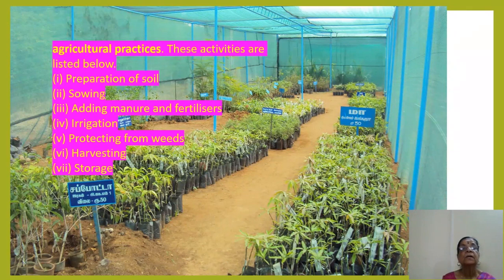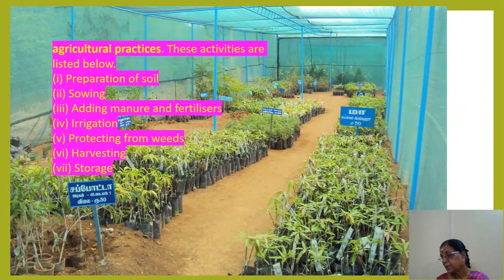I repeat, preparation of soil, sowing, adding manure and fertilizers, irrigation, protecting from weeds, harvesting and storage. I hope you understand this. So this is agricultural practices. In our book we have said, basic practices of crop production.